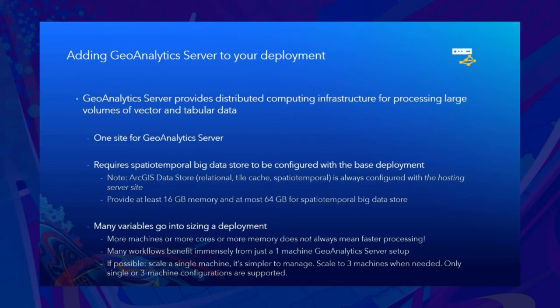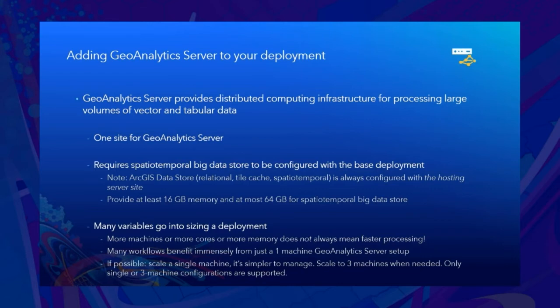Now we need to have a machine that has at least 16 gigs of memory and at most 64 for the spatiotemporal big data store. So there's a lot going on there in terms of its memory requirements depending on the quantity of work that we're going to be doing. There's a lot of variables that go into sizing a GeoAnalytics server deployment. More machines and more cores and more memory doesn't always mean faster processing.